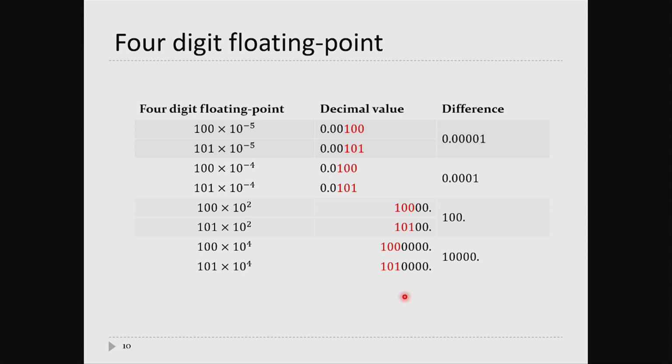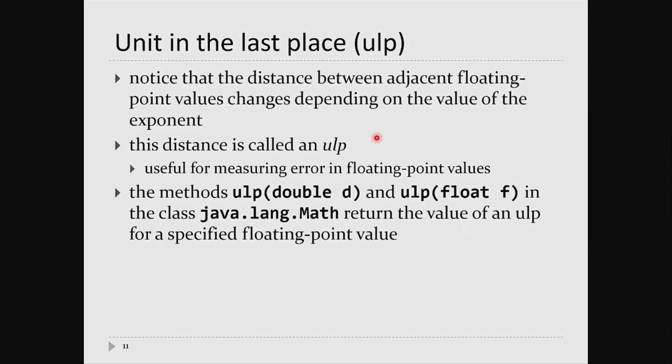It's not the unit in the last place of the number, right? So really, you need to look over here. So the spacing between adjacent numbers when the exponent is 4 is 1 times 10 to the 4.